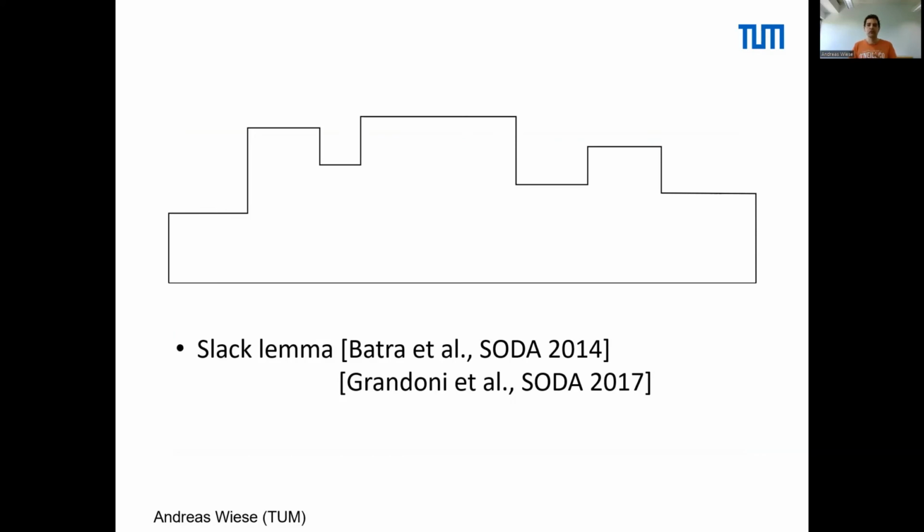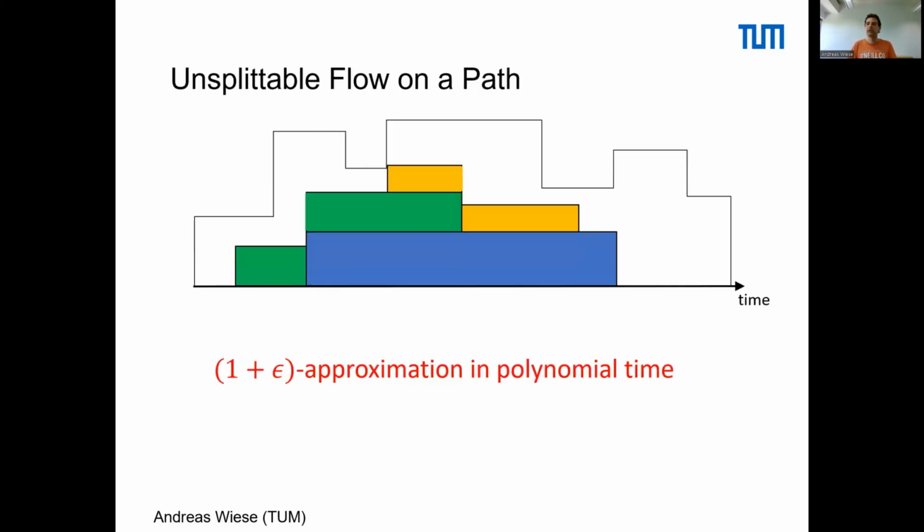This is a tool that intuitively allows you to trade a factor 1 plus epsilon for a weak form of resource augmentation, and it turns out that this weak form of resource augmentation is good enough for what we want to do. And then the game becomes much more technical because of this transformation. But overall, what you obtain is the 1 plus epsilon approximation algorithm for unsplittable flow on a path in polynomial time. Thank you very much for your attention.